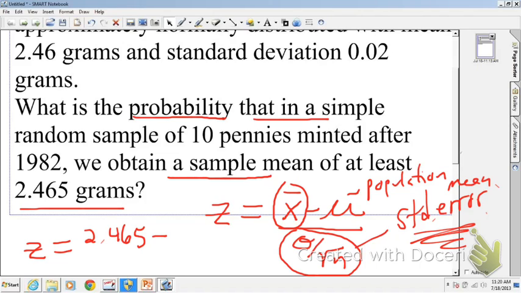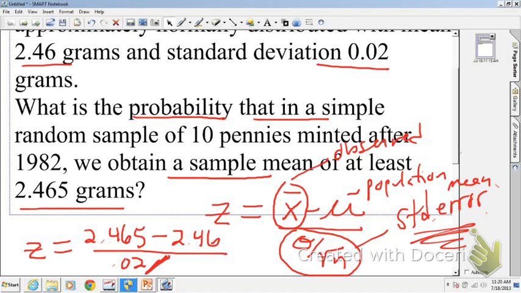I like to think of it as observed minus population. This is what you've observed from your sample, right? So the population mean was 2.46, over sigma over root n, the standard error of the sampling distribution. So 0.02.